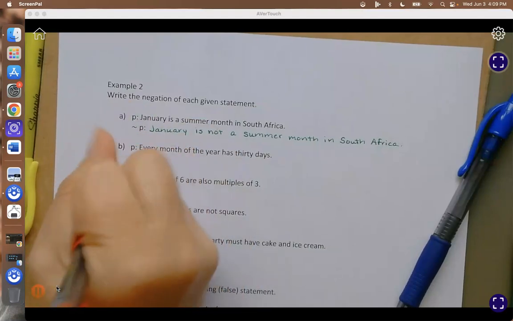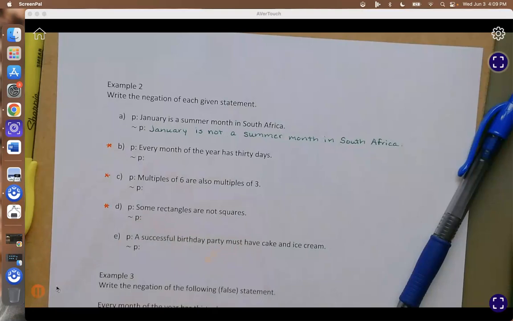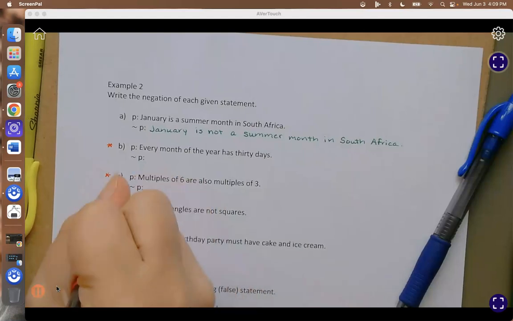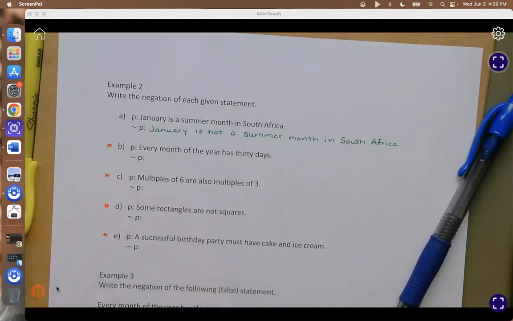"Some" is existential, so we'll need to change that to universal. A successful birthday party must have cake and ice cream, so that's kind of like a "must." That's like a universal, because that's like all parties must have. So those are all going to be ones we have to be careful with.